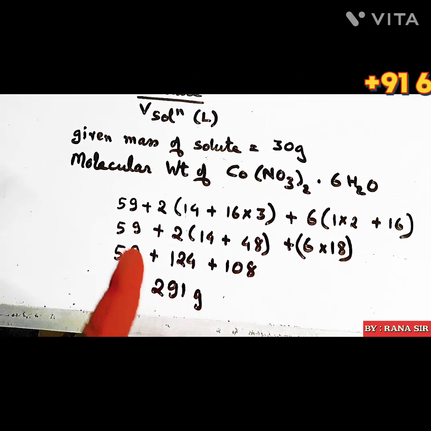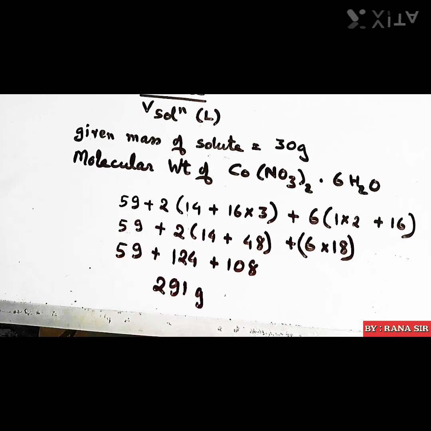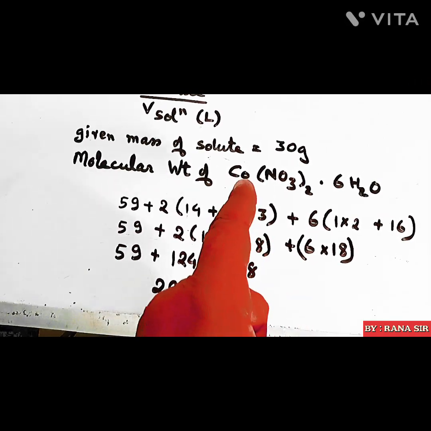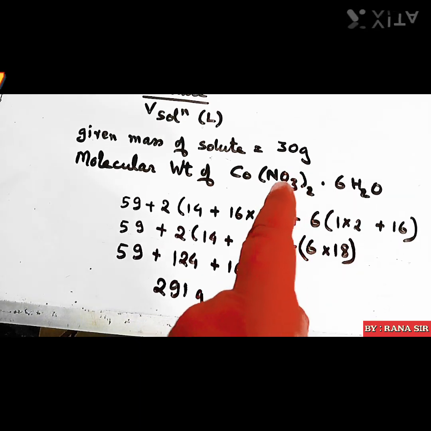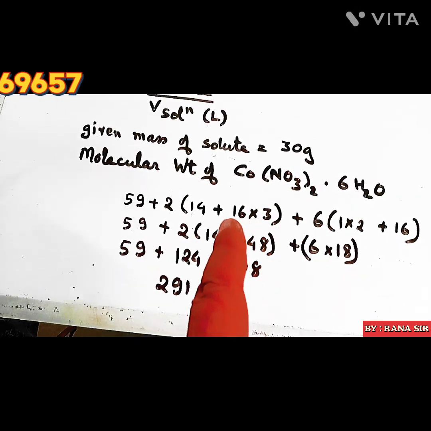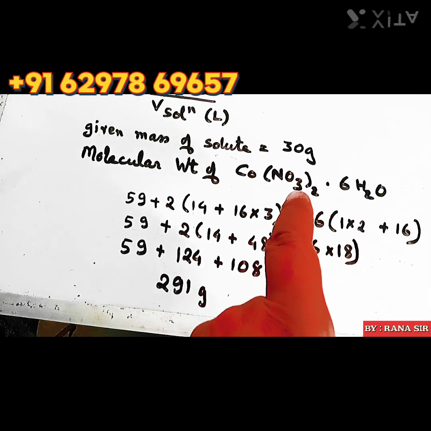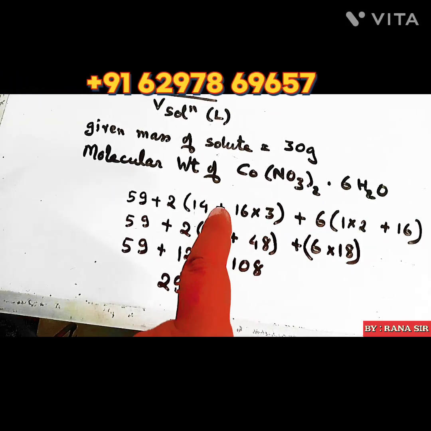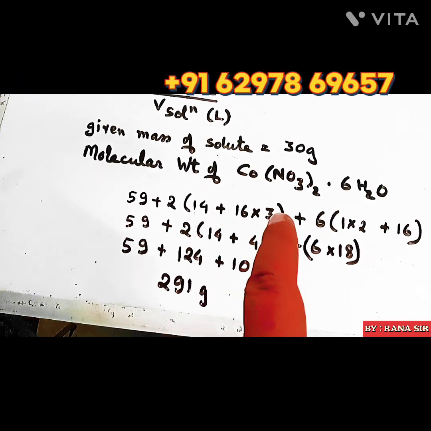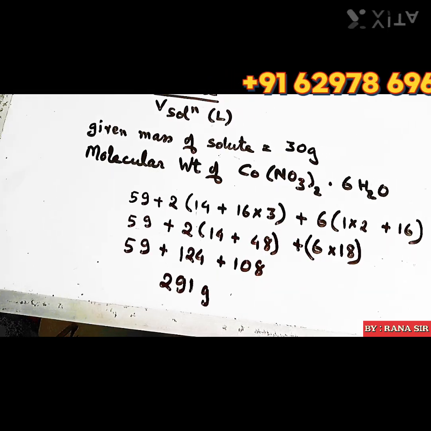Here the cobalt atomic weight is 59. So Co 59 plus, within bracket, nitrogen and oxygen into 3. Nitrogen is 14 plus oxygen is 16 into 3.